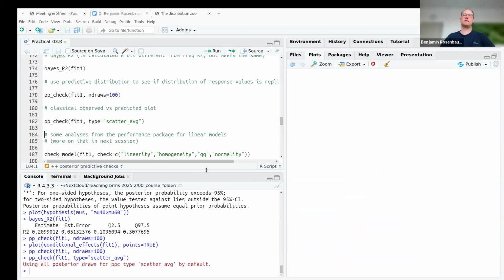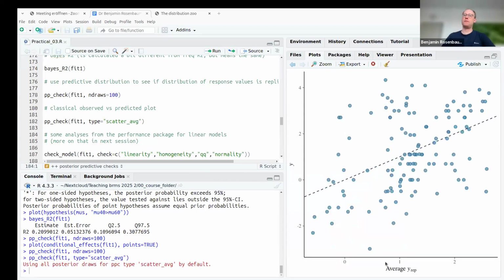The second check is the observed versus predicted plot. We see generally quite a lot of spread. However, I don't see any kind of structure here so far, so I wouldn't say this is too bad.